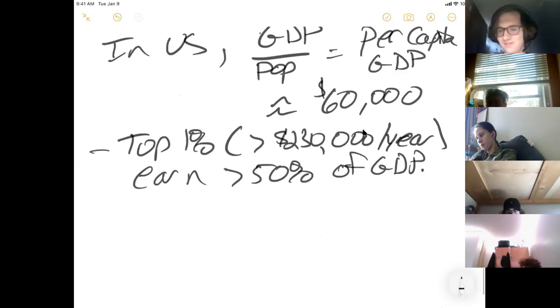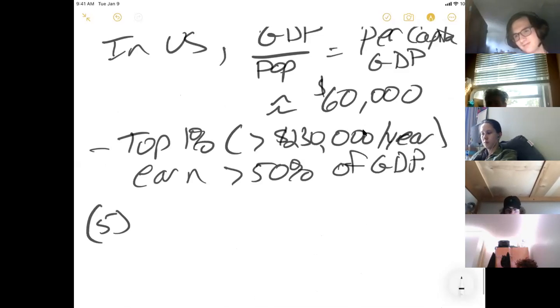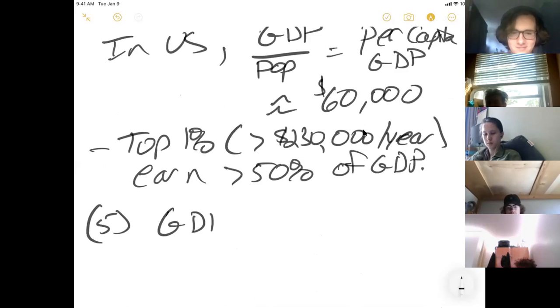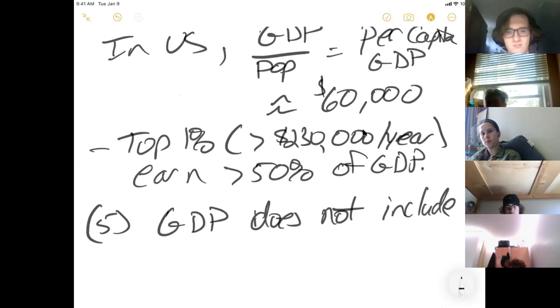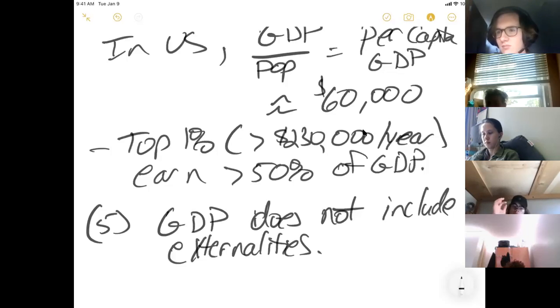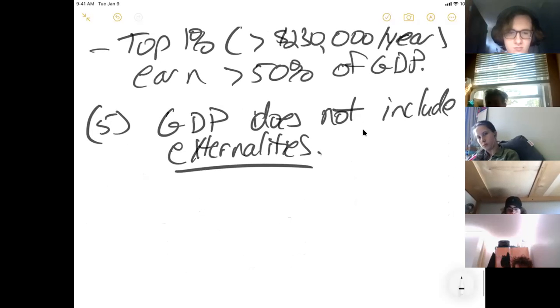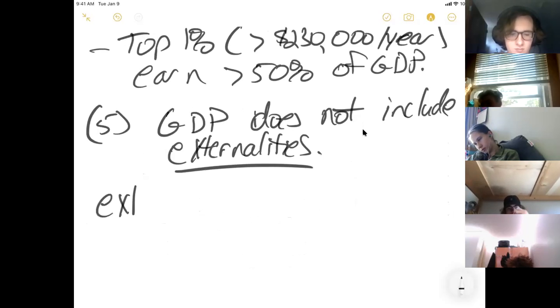One final thing, and we could keep going on and on here with different problems with GDP, but there is one final problem that I want to emphasize to you all, and that is GDP does not include externalities. Let's talk about what an externality is. Those of you who've taken micro have talked about externalities.